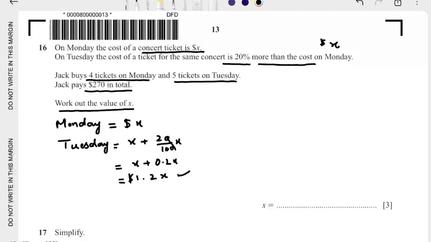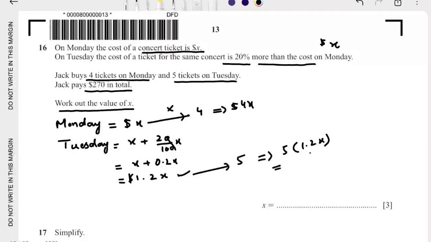Now Jack buys 4 tickets on Monday, so it would be 4x, and on Tuesday he buys 5 tickets, so it would be 5 into 1.2x, so let us multiply it.